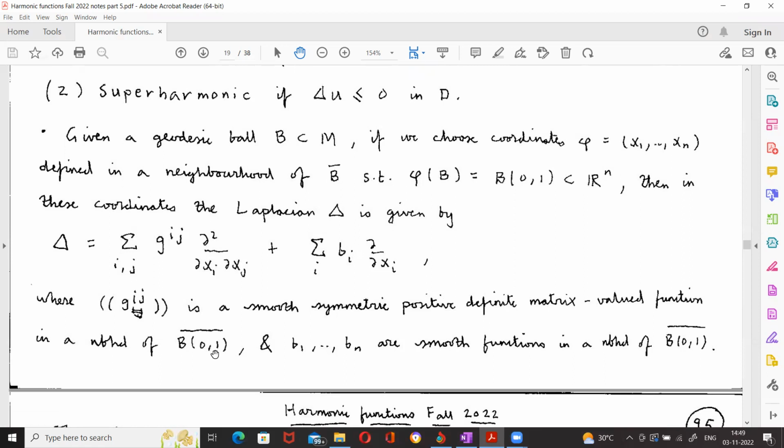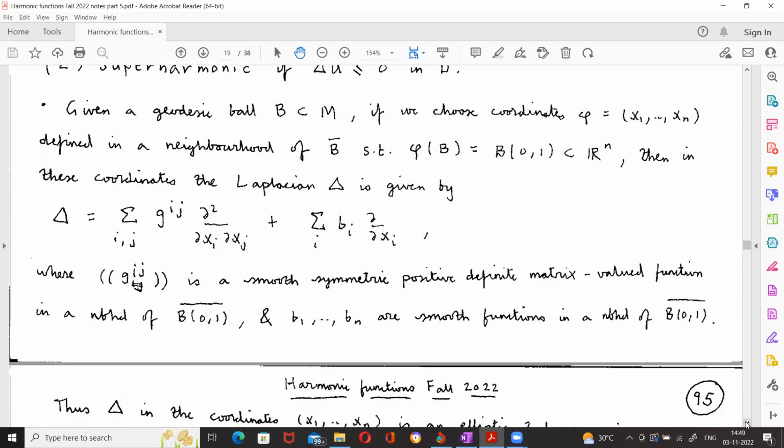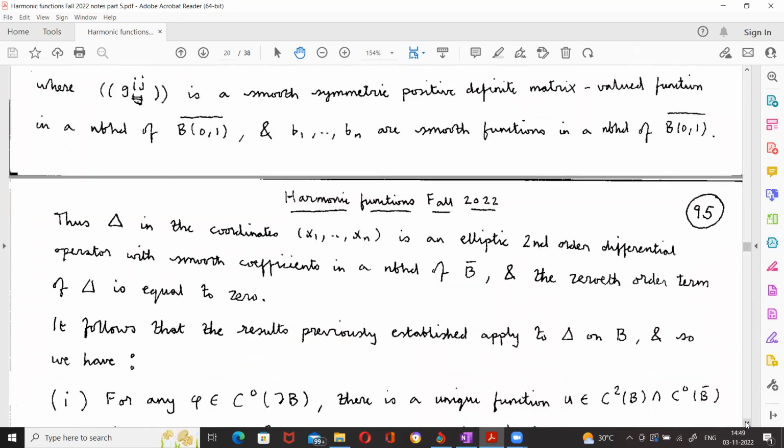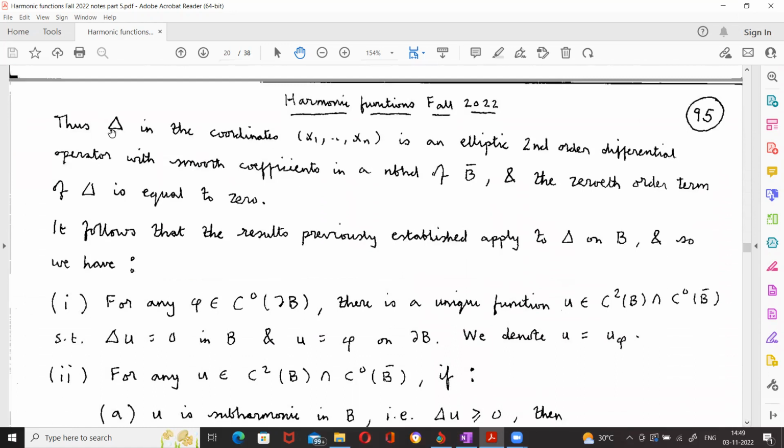Therefore its lowest eigenvalue is bounded below. So this will be an elliptic operator, and the coefficients are smooth functions. In particular, they are Holder continuous on the closed ball. So the Laplacian in these coordinates is an elliptic second order differential operator with smooth coefficients in a neighborhood of the closed ball, and the 0th order term is 0.